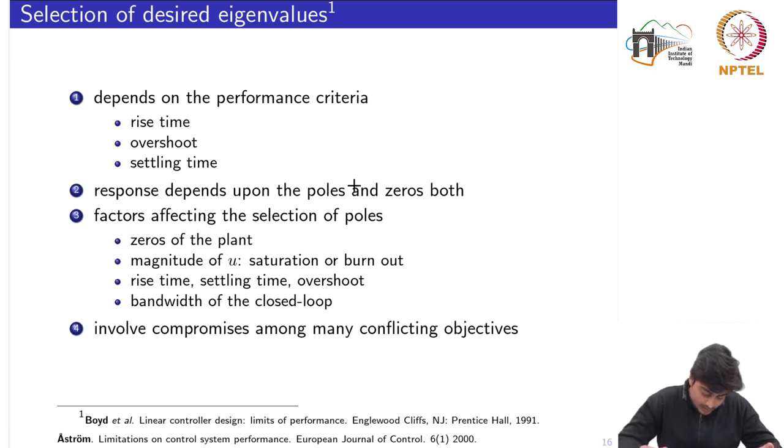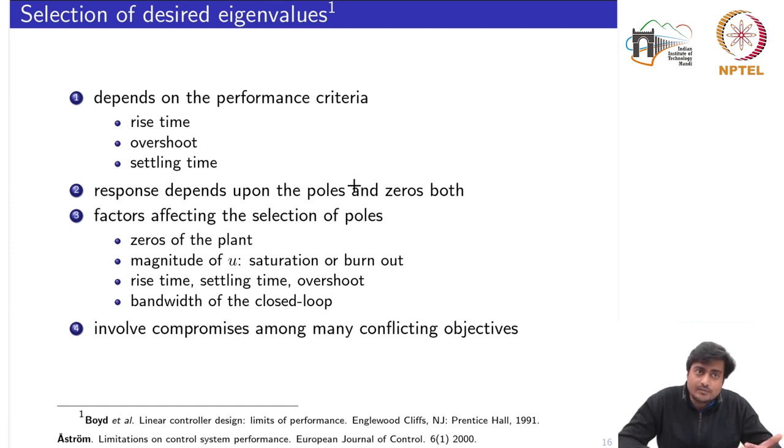The second point is the magnitude of U, which takes into account saturation or burnout. This point is more from a practical point of view. For example, if you have a certain plant, those plants are actuated by some actuators, and we take measurements with the help of some sensors.